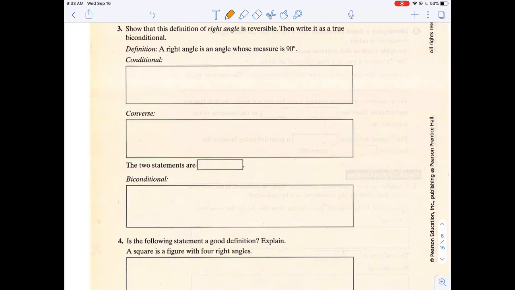Then number 3, show the definition of a right angle is reversible. Then write its true biconditional. So write this as a conditional statement. I would say if an angle is a right angle, then its measure is 90 degrees.